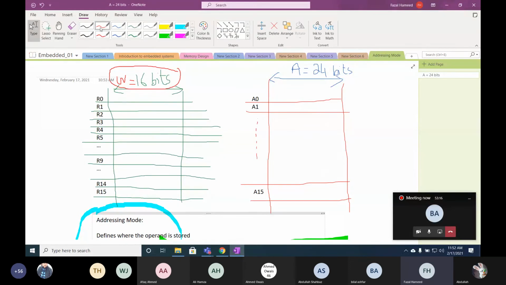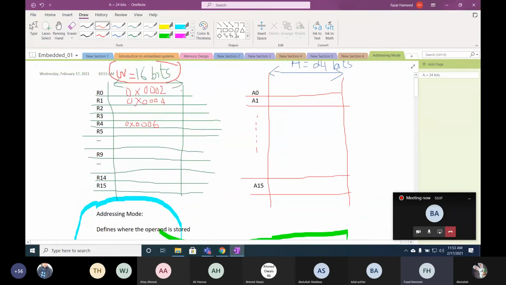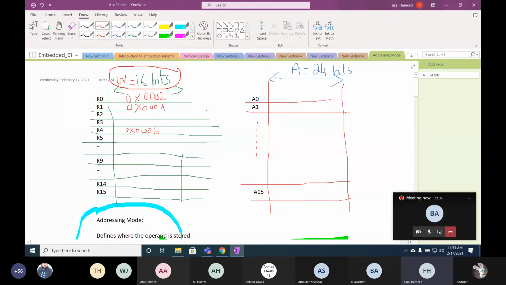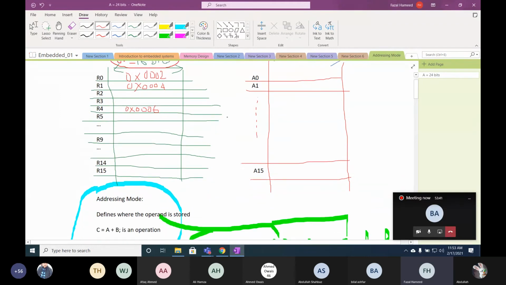Let's assume this register has a value of 0x0002, this register has 0x0004, and this register has a value of 0x0006. Because this is 16-bit data, let's assume the registers contain this data.